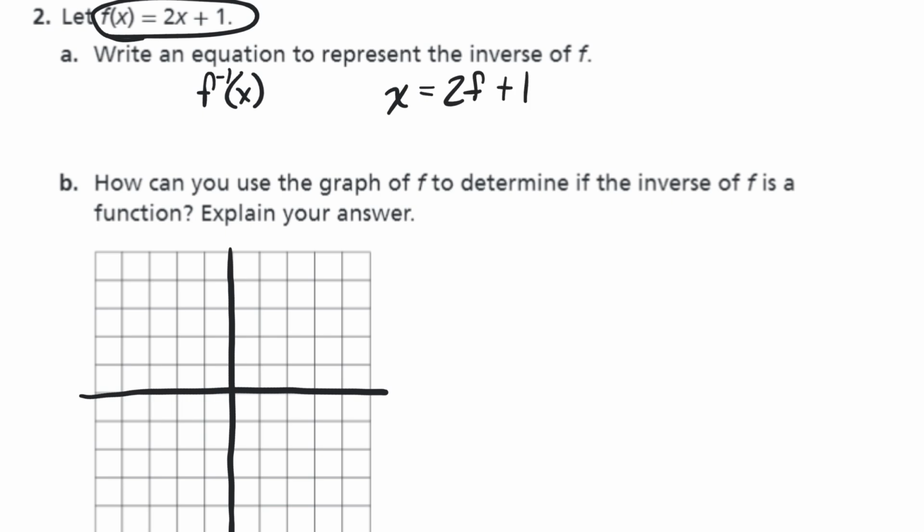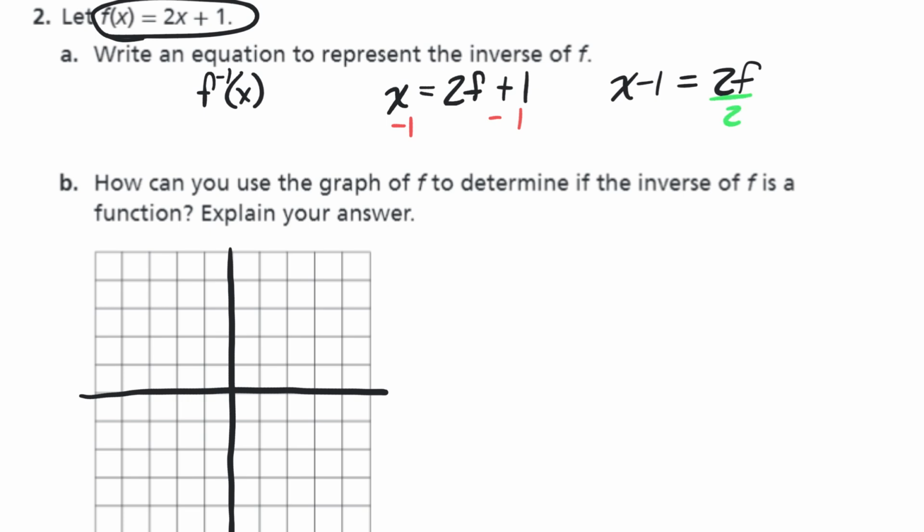So the way that we find the inverse to this function is we solve now for f one more time. So what I'll do is I'll subtract 1 from each side, which is x minus 1 equal to 2f. And then in order to get the f by itself, I need to divide by 2.